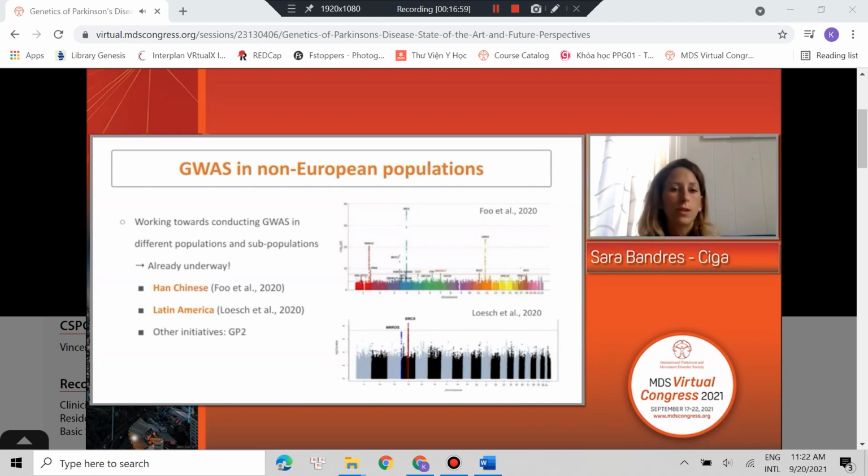And we need to really understand the genetic architecture of Parkinson's disease in more Asians, in Latino populations, and Africa, and so on. And here you see the first two GWAS studies, these Manhattan plots from underrepresented populations that have just been published. And as a note, the Asian GWAS, Foo et al., has nominated 2 novel loci that were not previously identified in Europeans, which really tells us that, again, genetics is not universal, and definitely we need to translate this to other populations.